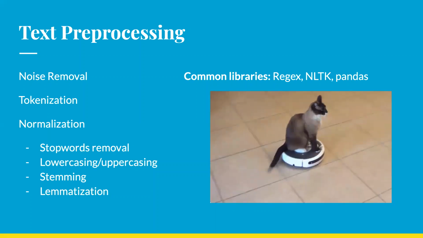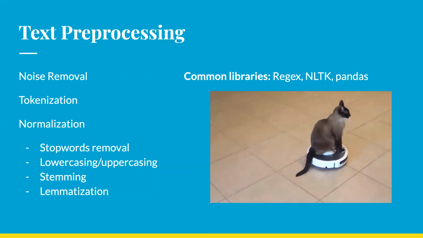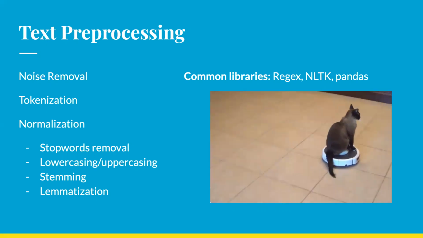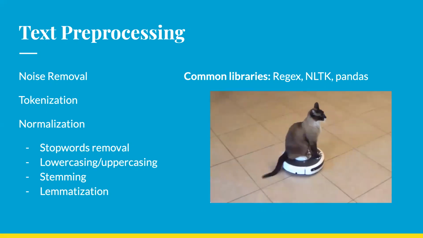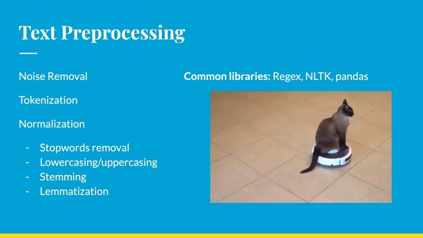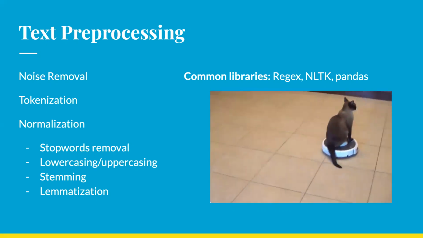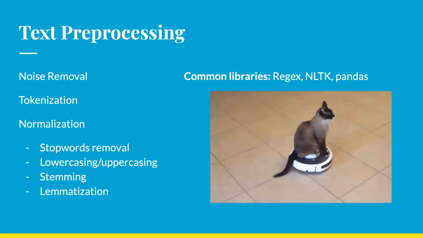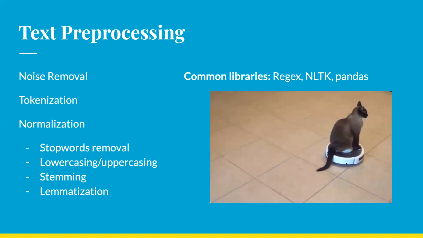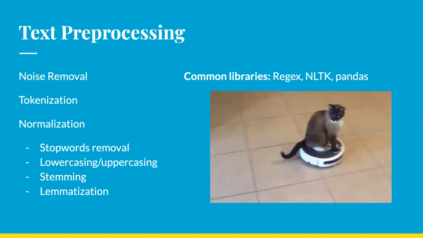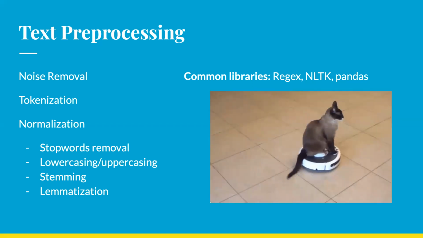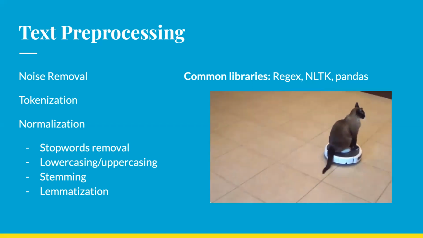You know, common words that occur all over the place. Like in English, we have the, and, for. I mean, the list goes on. There's an enormous list of stop words in English, and I'm sure that's true of a lot of different languages. So that's one facet of normalization.